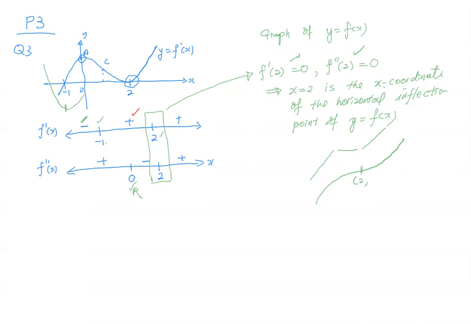So you see, until 0, it is convex. This part is convex. Then after that, until 2, it will go concave, then it flattens, then it goes convex again.